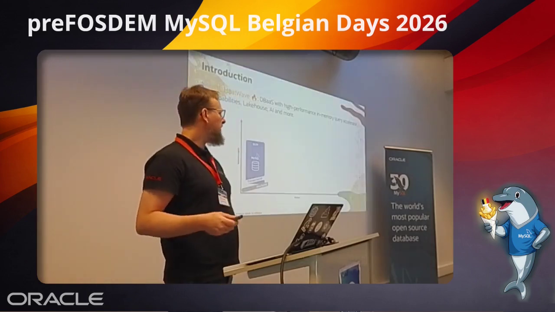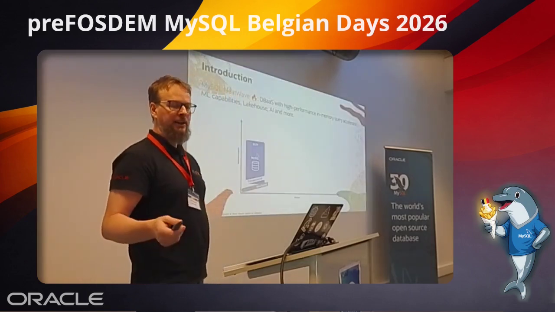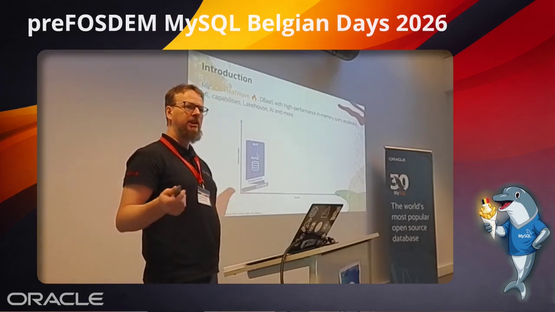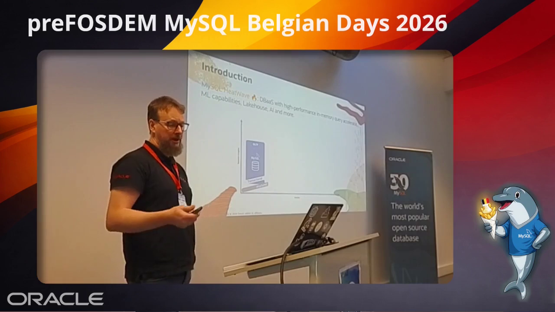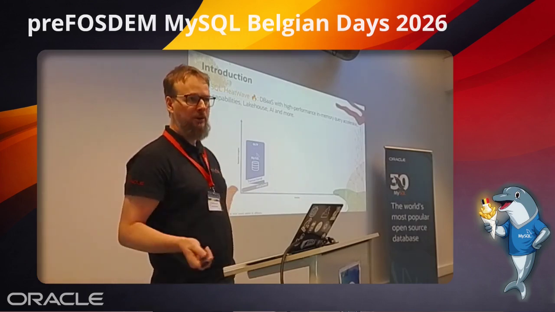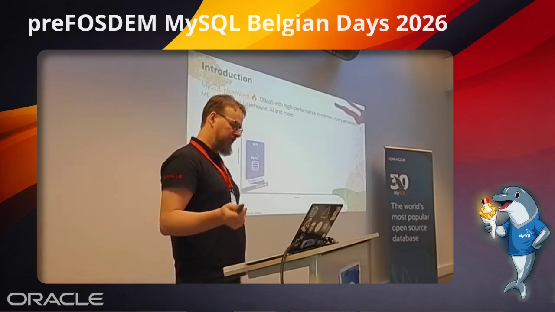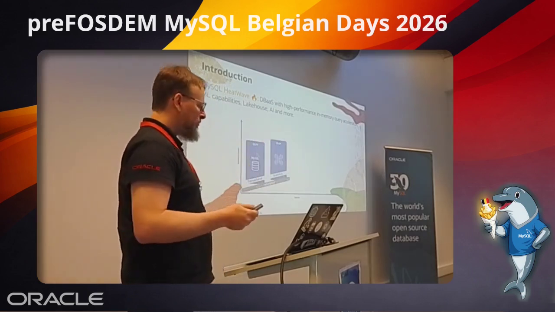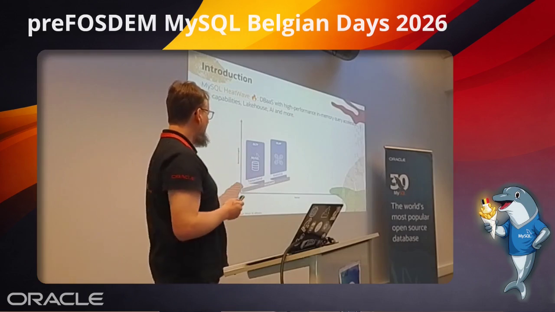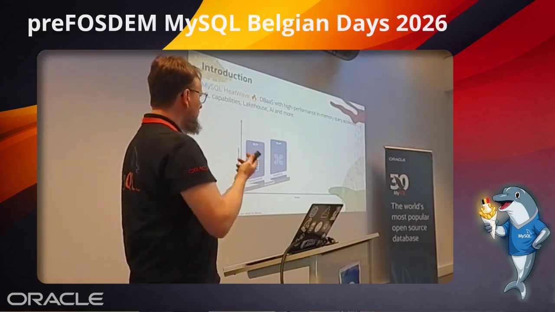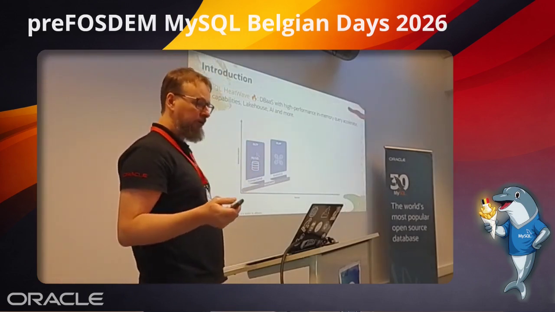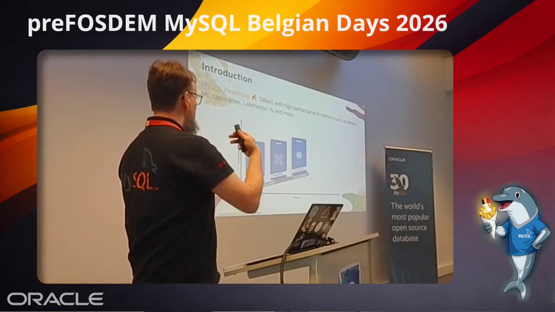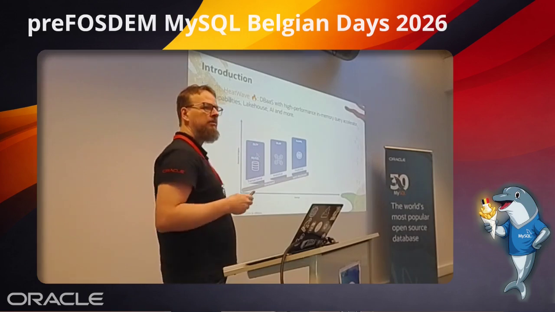So MySQL HeatWave, I hope you all know what it is now. It's MySQL as a service in OCI, made by the MySQL team, managed by the MySQL team, supported by the MySQL team, and it is MySQL, so for OLTP. But it also has OLAP with analytics, with the memory accelerator called HeatWave engine or Rapid, and we also have AutoML, machine learning.